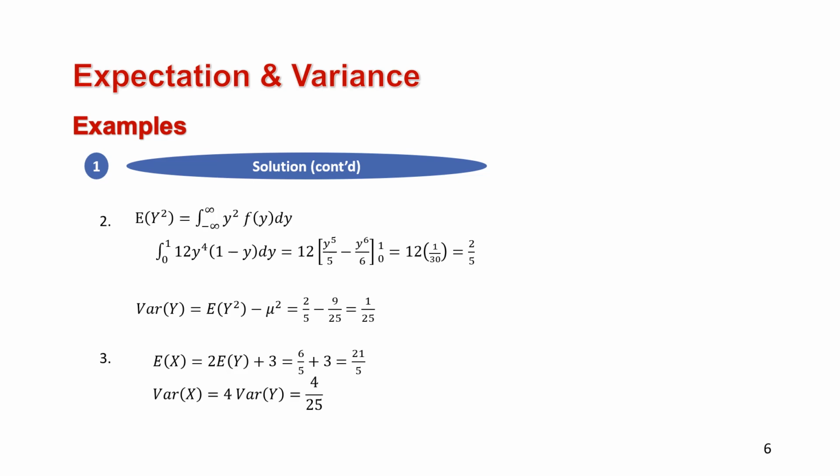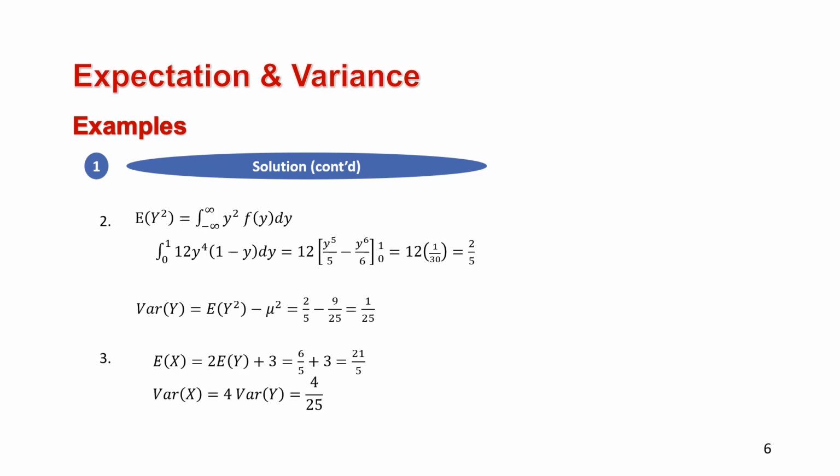The second method, to find the expected value of x, is to integrate from 0 to 1 the function itself, 2y plus 3, times the PDF, y squared times 1 minus y times 12, okay? And find the value of this integration. And similarly, to find the variance of x, we should find first the expected value of x squared. How can we find the expected value of x squared? X squared is 2y plus 3 squared.